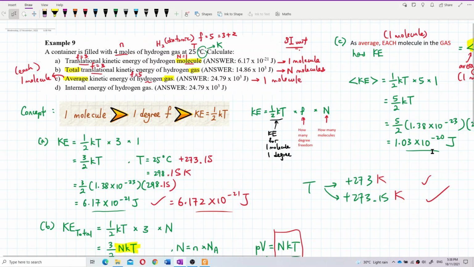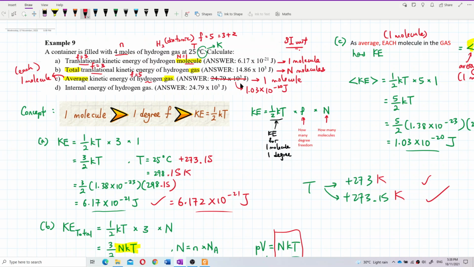You can ask your own lecturer to clarify this, but I'm sure the word average here means only one molecule. So this should be 1.03 exponent -20 joule.